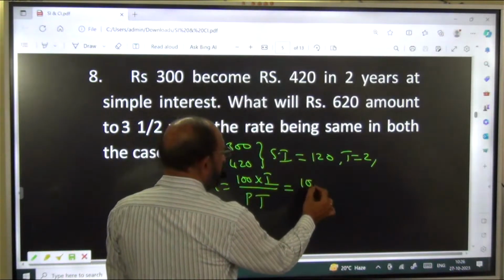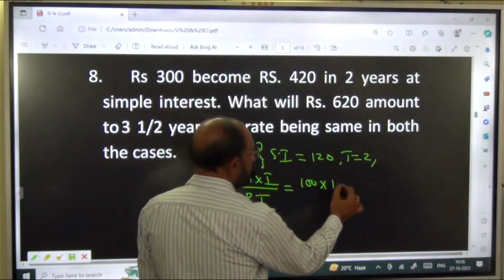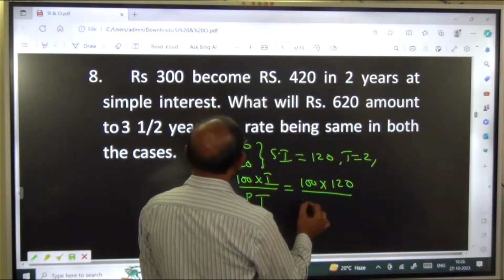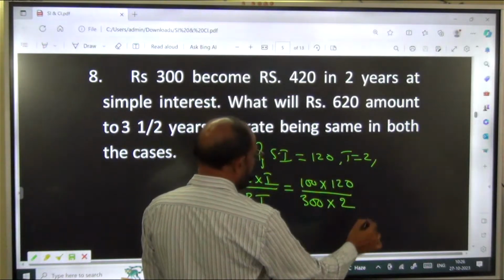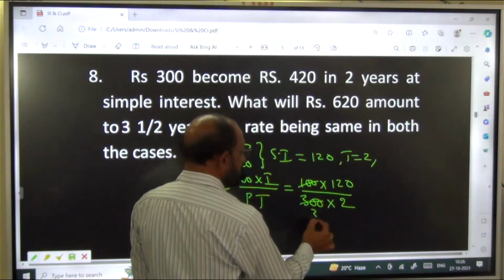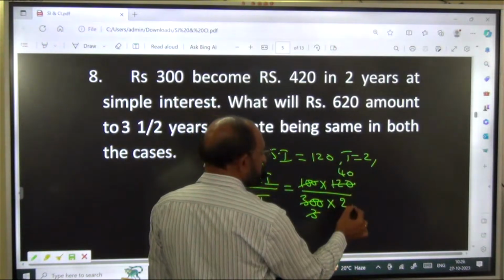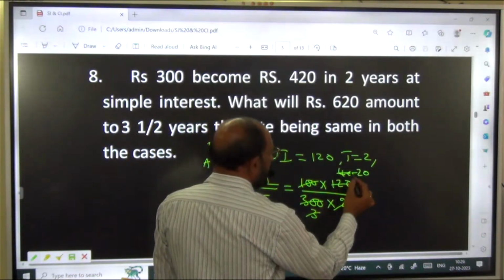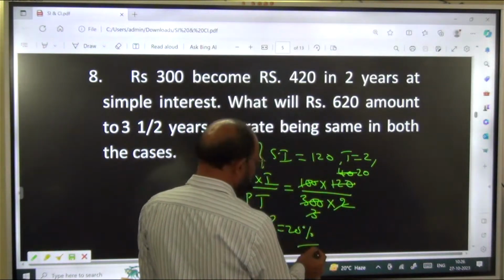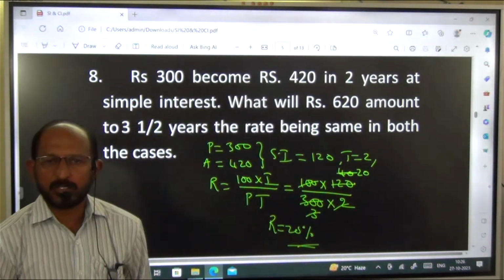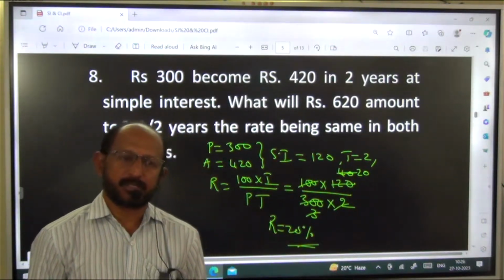So 100 into I, meaning 120, by principal 300 into 2, na? 100 ones, 100 threes, 3 ones, 3 fours, 2 ones, 2 20s. So rate of interest is equal to 20%. We got that rate of interest is equal to 20%.